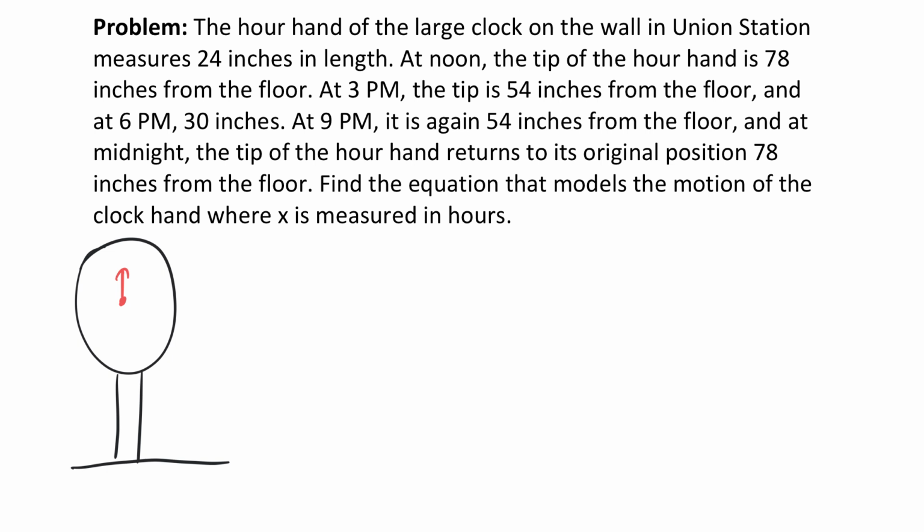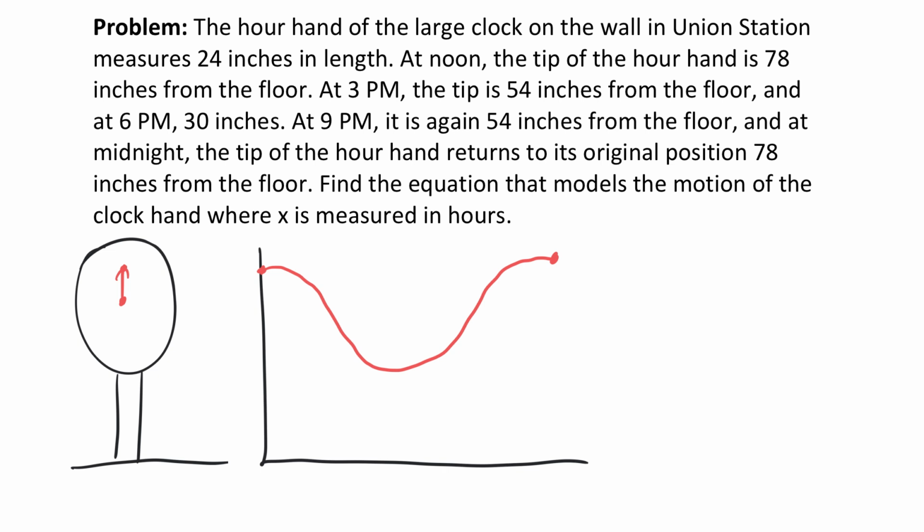So we could imagine something like this for our picture. What are we measuring? We're measuring the clock hand, the tip of that clock hand, right here. So it starts there, goes down, and then comes back up.